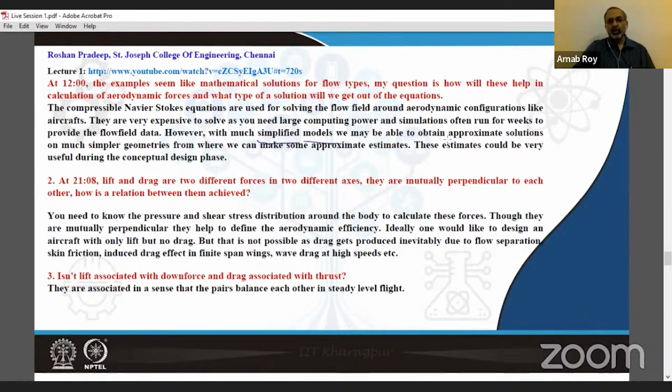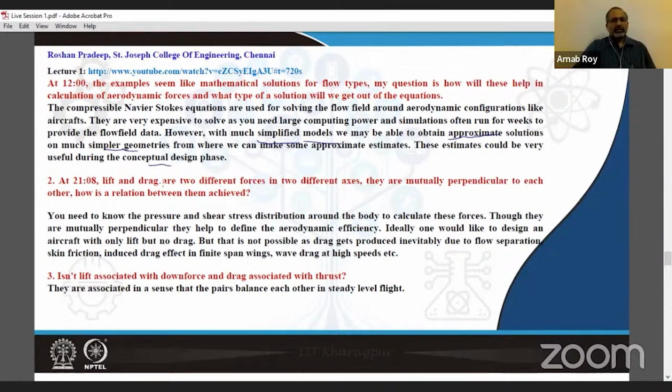You would have approximations, but in spite of those, you would be able to get certain estimates which are very important to generate quickly at the conceptual design phase. That's where the relevance of these models lies. You would go for some amount of approximation and simplification of geometries, and get your solutions quickly. That's the primary relevance.